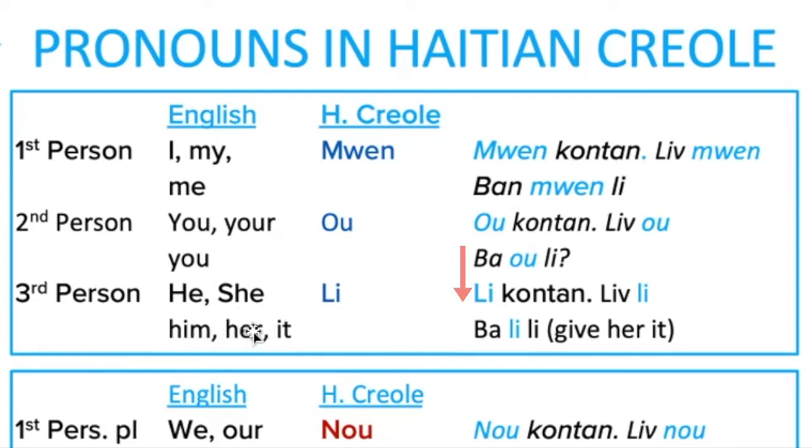He's happy, or she's happy, or it is happy. And livre li, his book or her book, and ba li li. That means give it, or give him it, or give her it. Ba li li, because li is it, all right? So ba li li, give it to her.